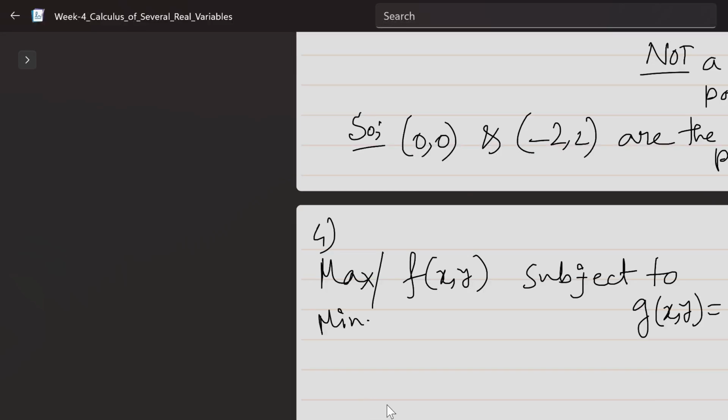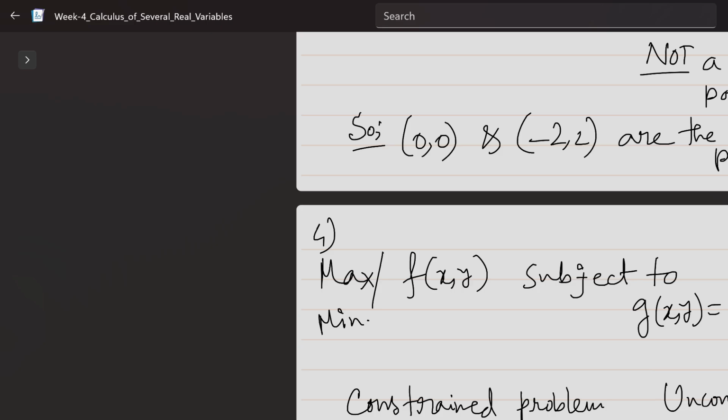So you know how to solve using the Lagrange function. Yes, that's right. So I will tell this is called a constraint problem. There is another problem called unconstraint problem.